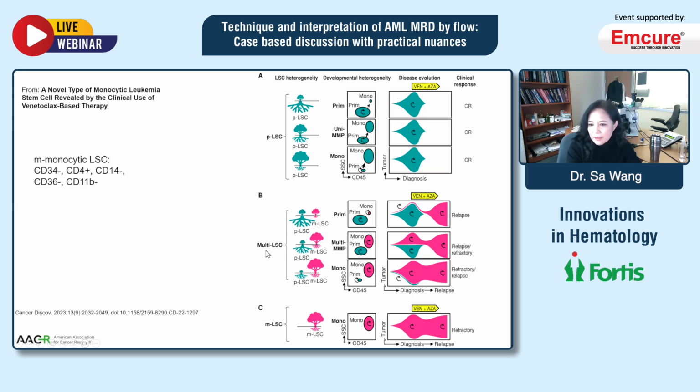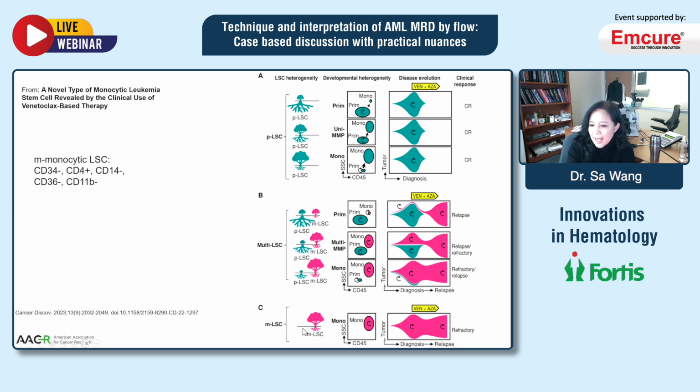However, if you have two types of leukemic stem cells, one primitive and one monocytic, it doesn't matter how few monocytes you have at the time. At the time of the treatment, the monocytic cells tend to survive. Right? So if you have two types of different leukemic stem cells, that's what you get: monocytic relapse or residual monocytic leukemia.